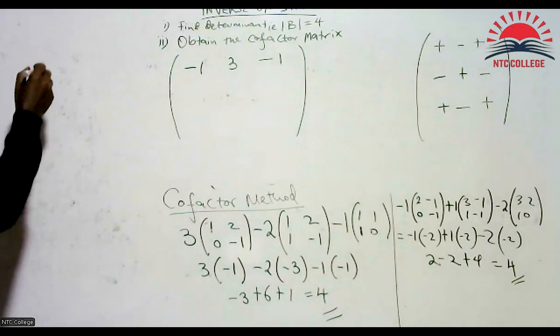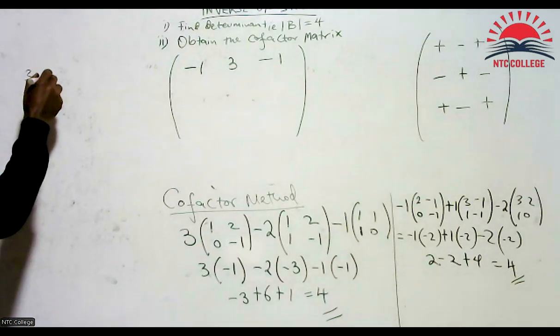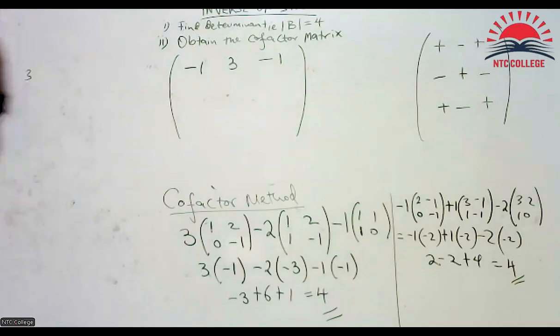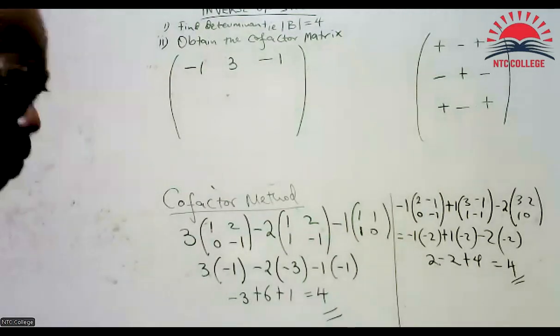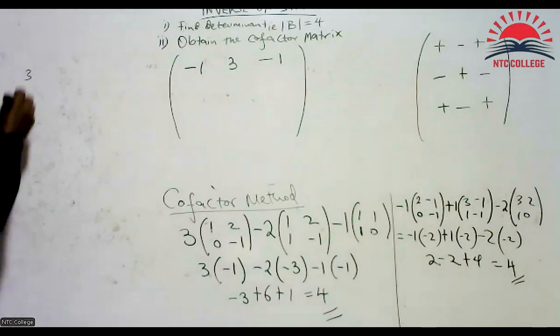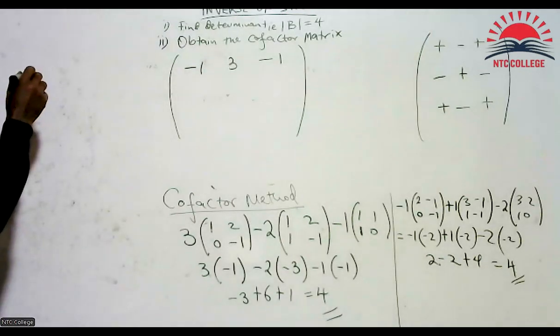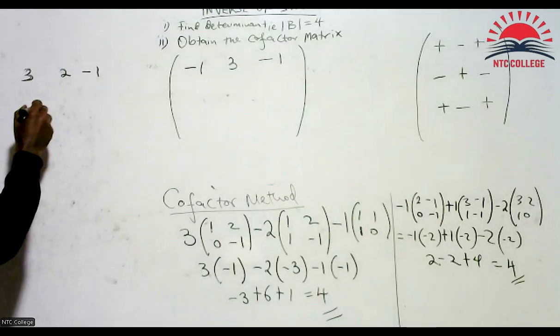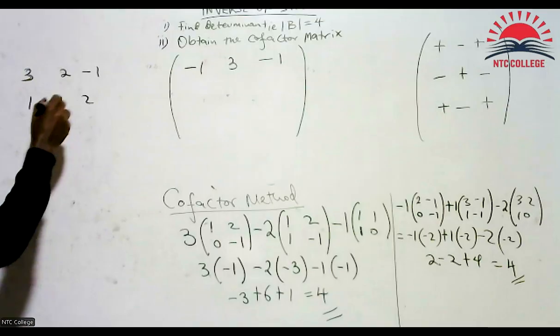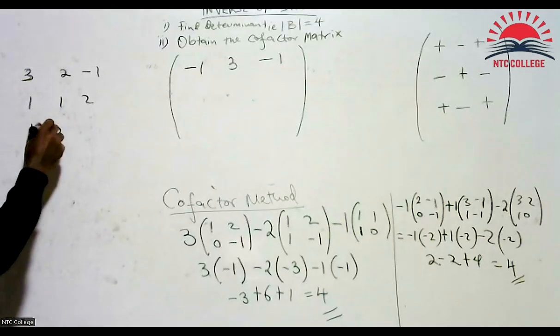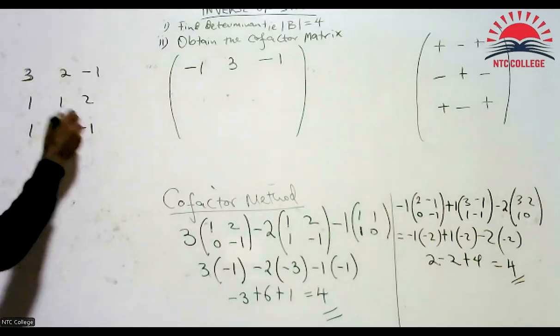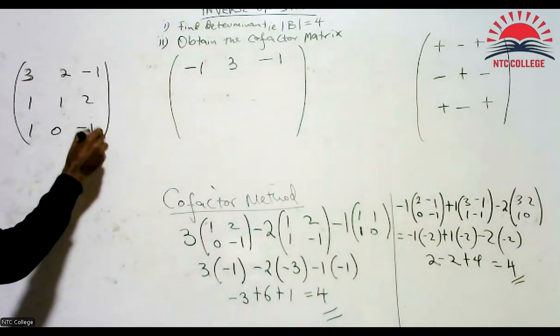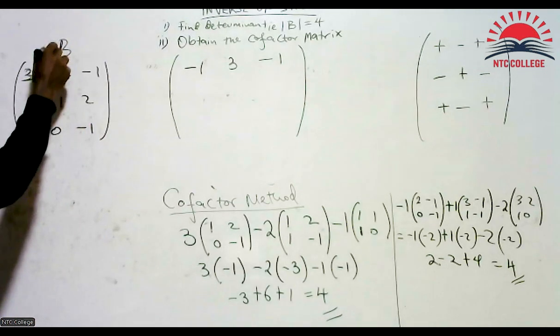It was 3, 2, -1, 1, 1, 2, 1, 0, -1. This is our original matrix, which is accordingly matrix P.